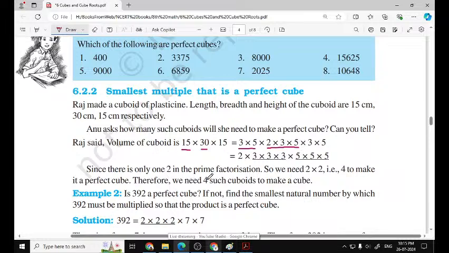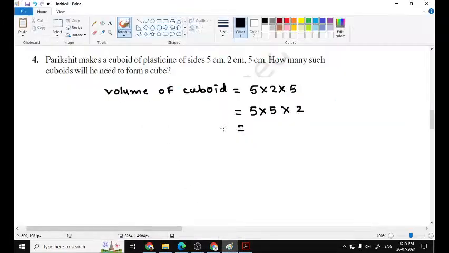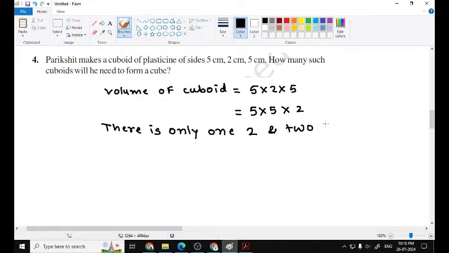Since there is only 1 two in the prime factorization, we need 2 twos, and 2 fives, or 2 times 5.